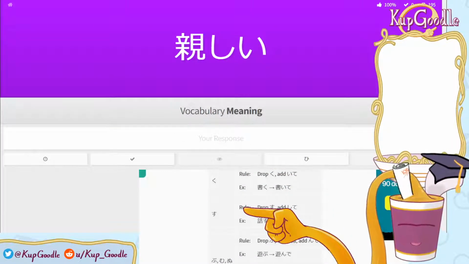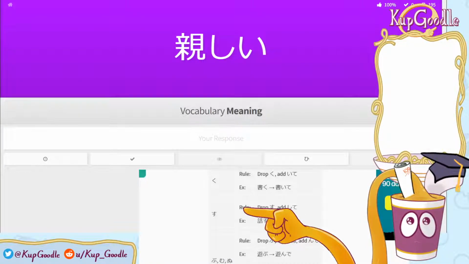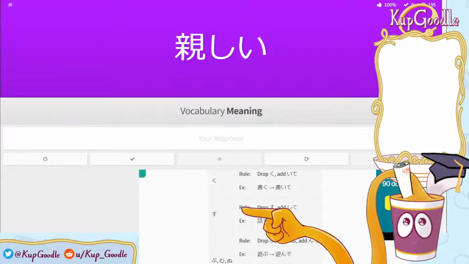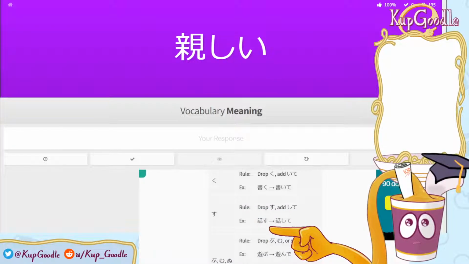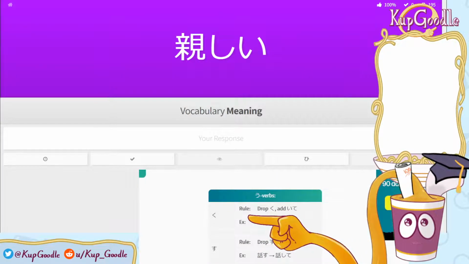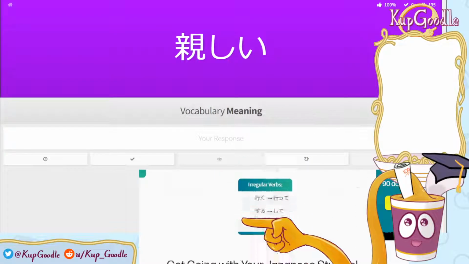So once you learn the plain past tense, not the formal but the plain past tense, all the same conjugations exist in the te form.